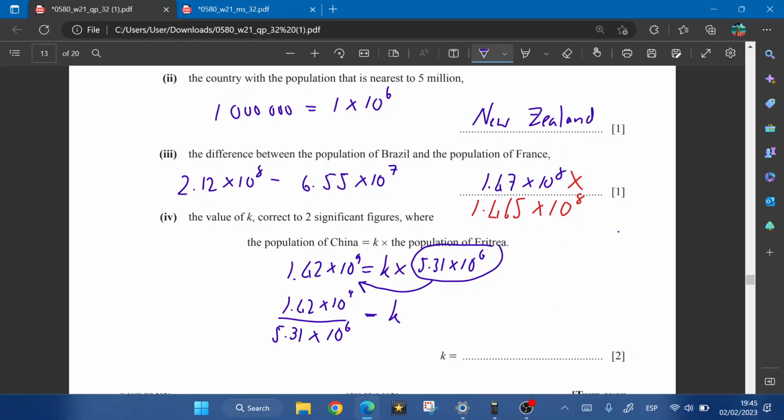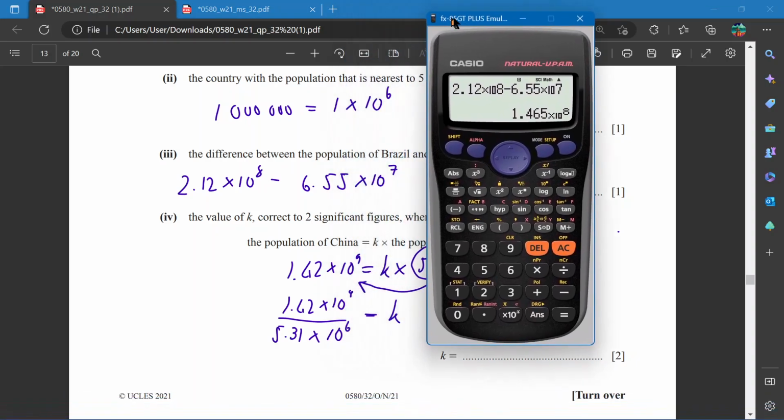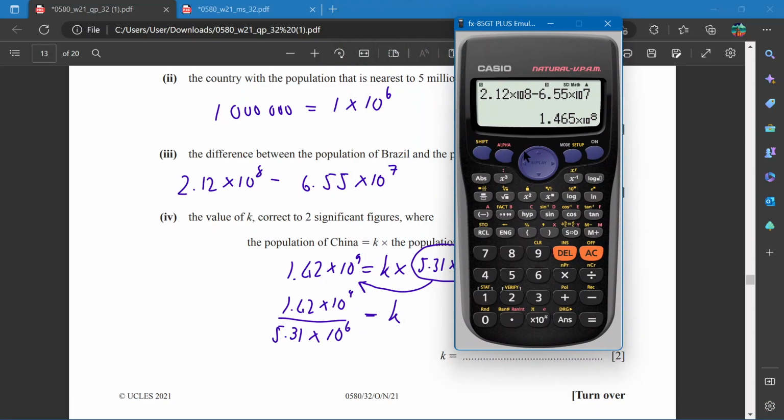So we just need to do that on the calculator. Okay. I'm going to put my calculator back into normal mode. Okay. There we go. Right, let's do that. Use the fraction button. You don't have to. You can use the division button. Maybe use brackets. I prefer to do it this way.